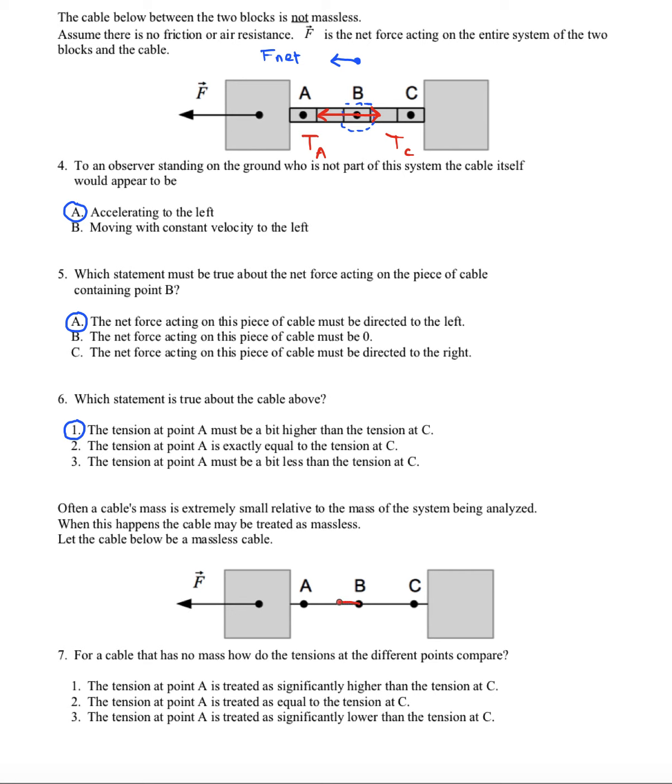So the force that pulls us toward A will actually be the same as the force that pulls us towards C. If there's no mass there, then there's no net force required. And we can see that the cable tension would be uniform throughout.